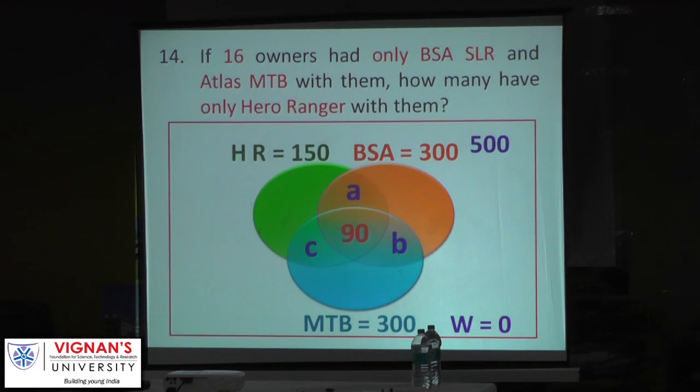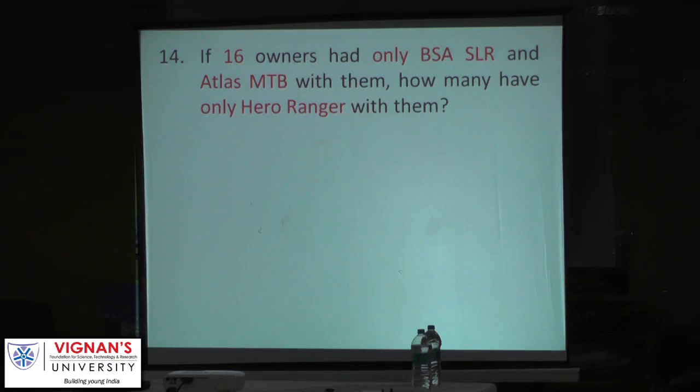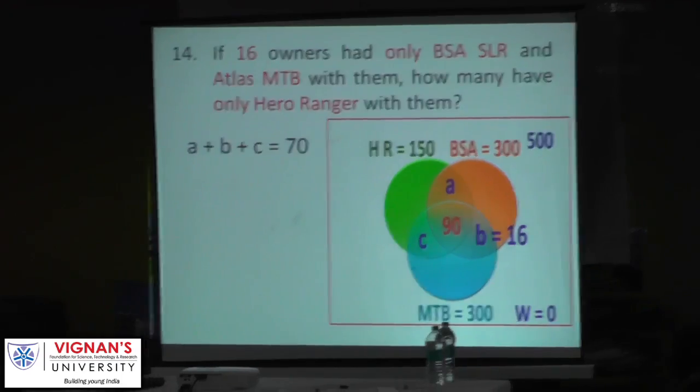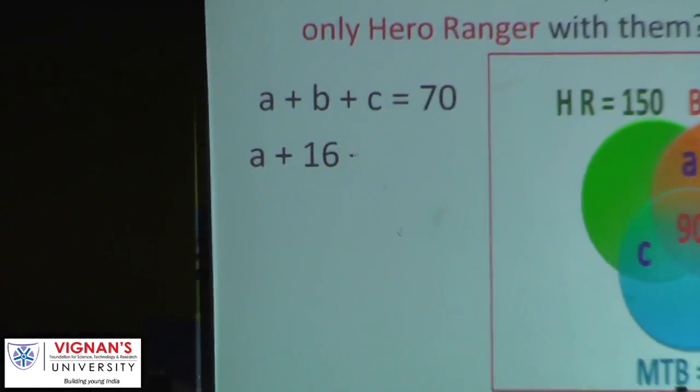So he says B is 16. Then A plus B plus C is how much? A plus B plus C is 70. We know B is 16. Then what is the value of A plus C? A plus C is 54.